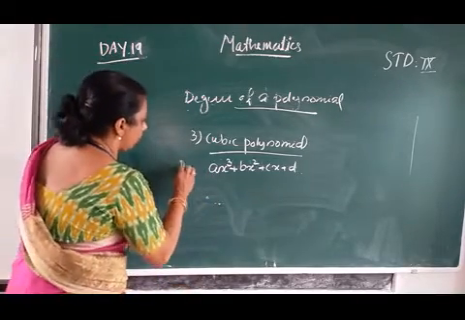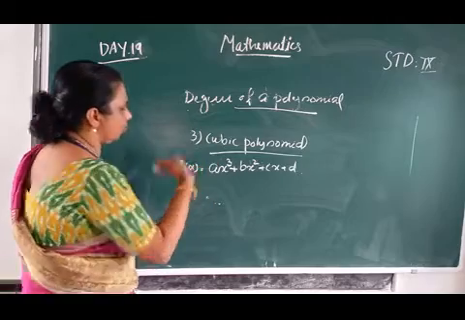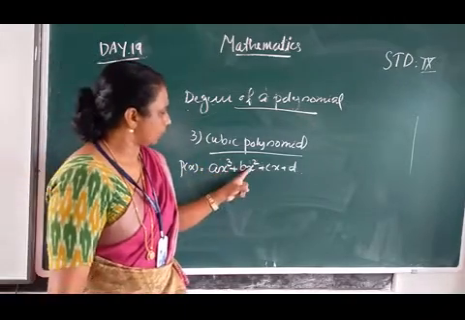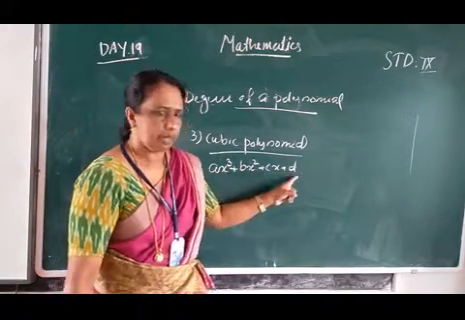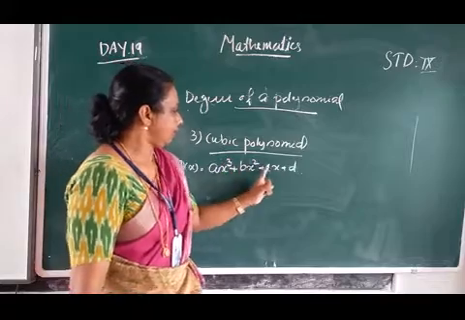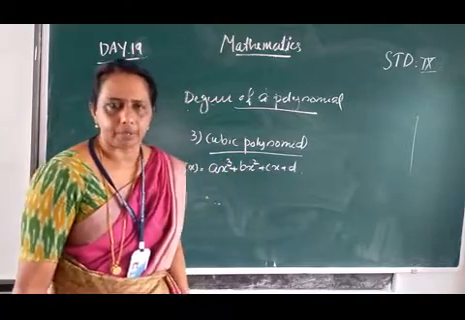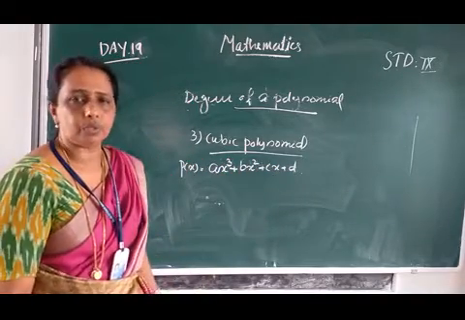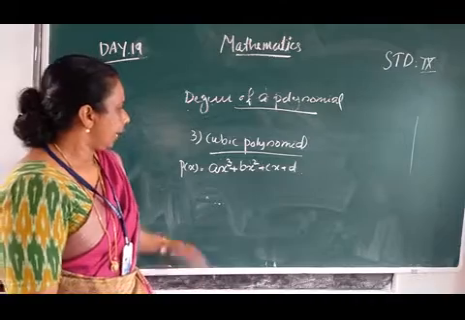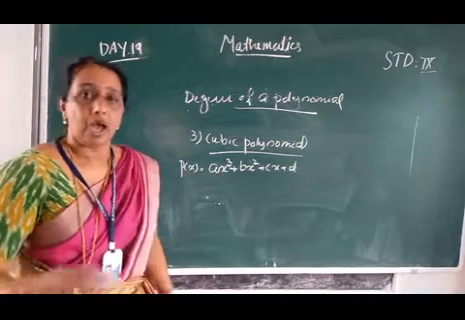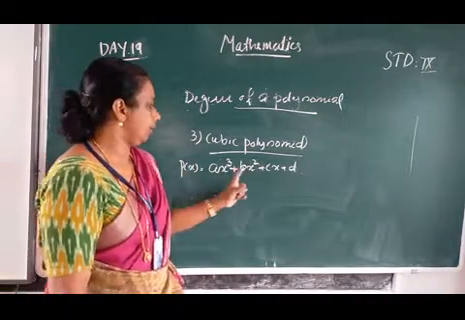That is, p of x is equal to ax cube plus bx square plus cx plus d. A cubic polynomial has at most how many terms?